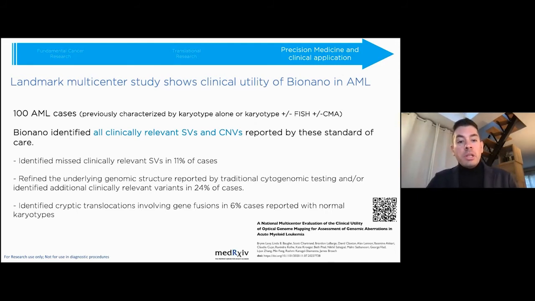And most importantly, in 6% of the cases of AML patients presenting a normal karyotype, optical mapping directly identified additional clinically relevant SVs and or CNVs, including fusion events. So this has a clear potential to improve the patient management in the future.